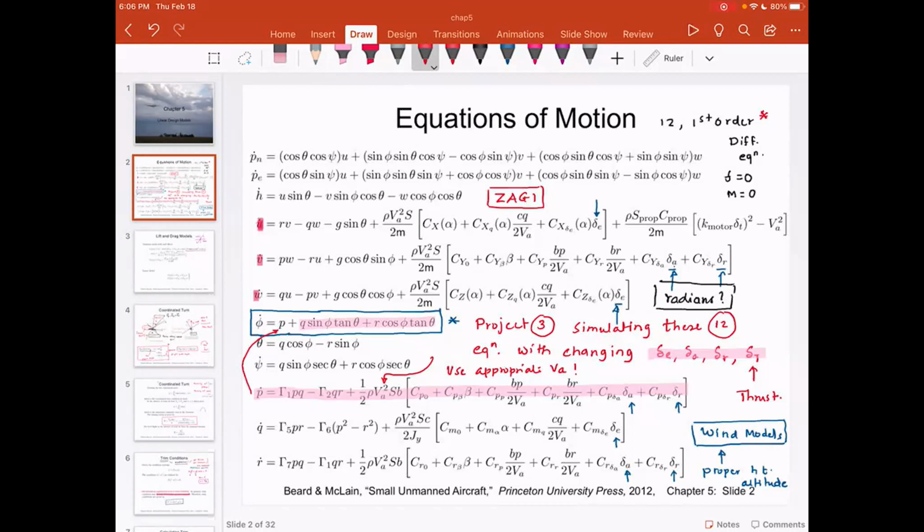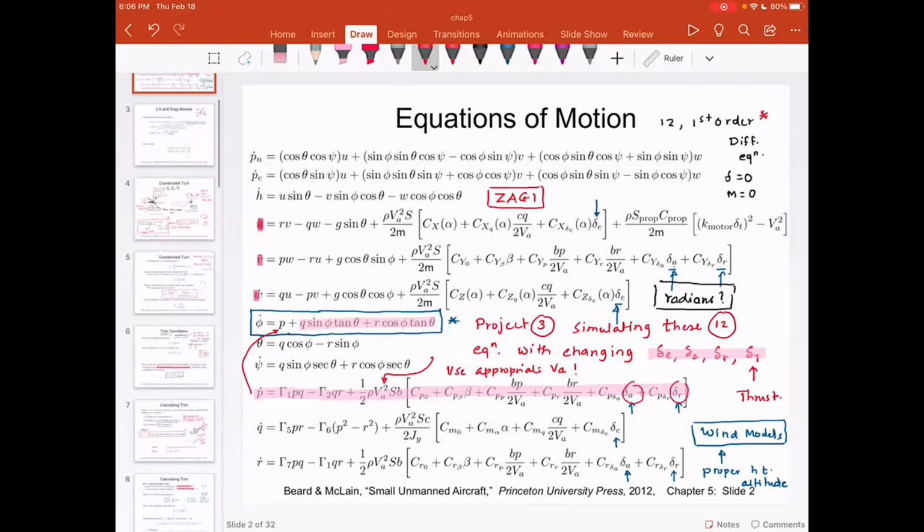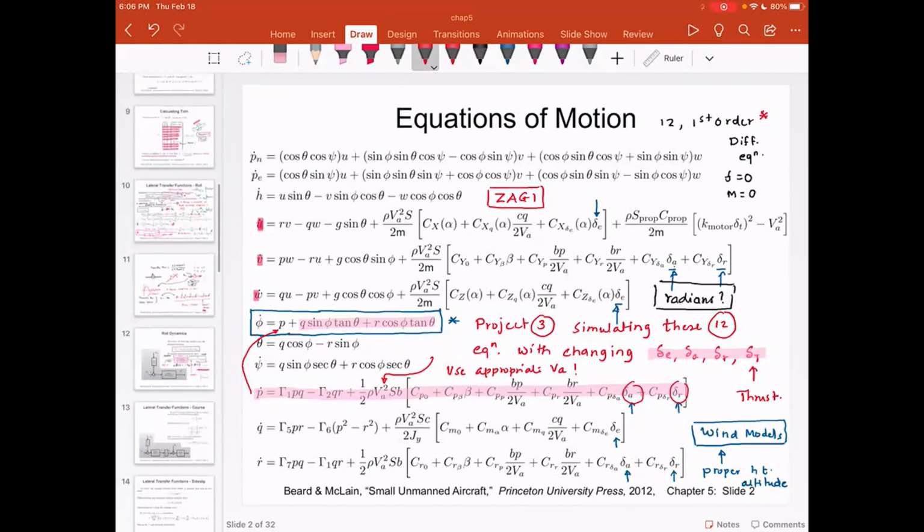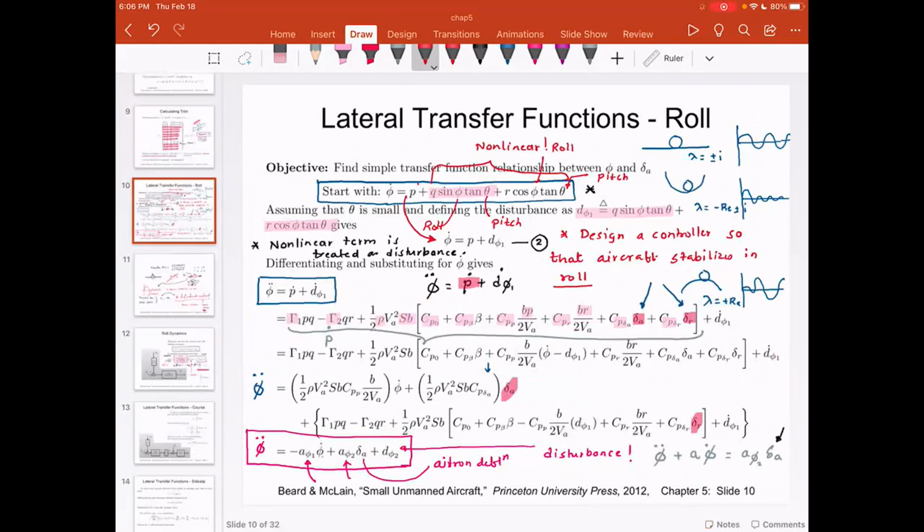And when that happens, all of a sudden, I get these control variables, delta R, delta A. So these control variables pop up, which means now I have means to control the system dynamics. This process is going to get repeated again and again for the set of lateral dynamics equations, longitudinal dynamics equations, and so on. So this is the process that we talked about in last class.